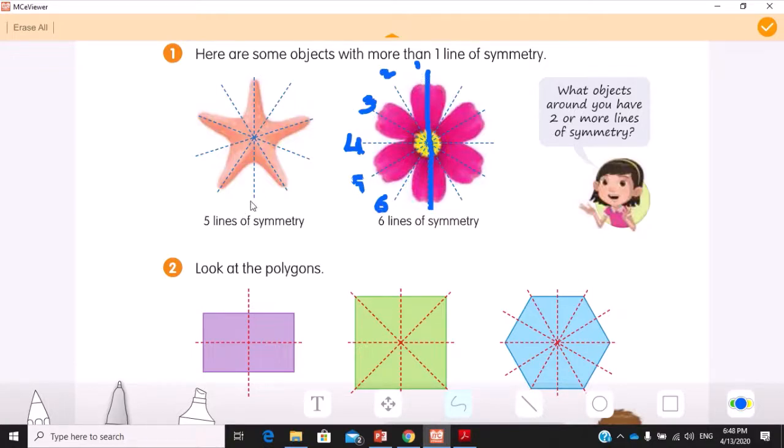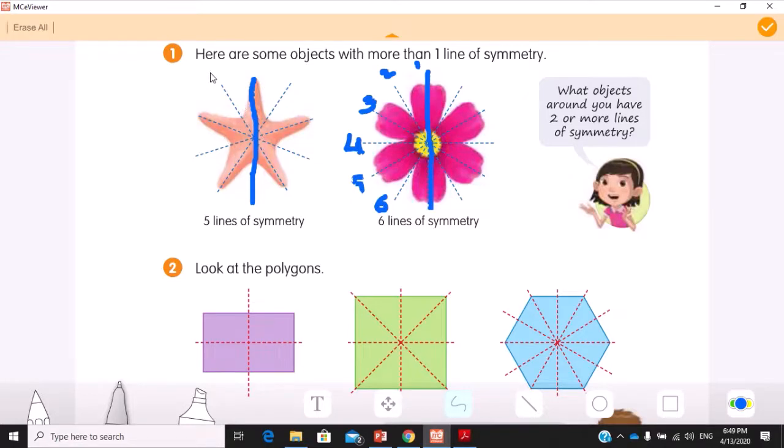What about this one here? If you look at all of these, it can make 10 lines of symmetry if you look at it without noticing. Let's look at how we're doing this again. I'm cutting my starfish in half, and I'm making my 5 lines of symmetry on one side. This creates 10 lines of symmetry if I make a duplicate shape.